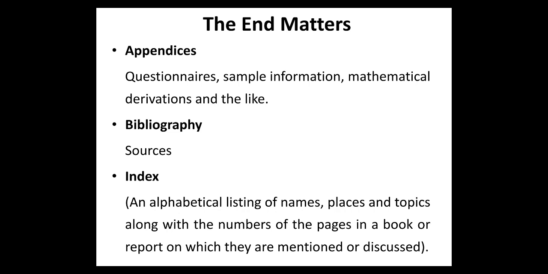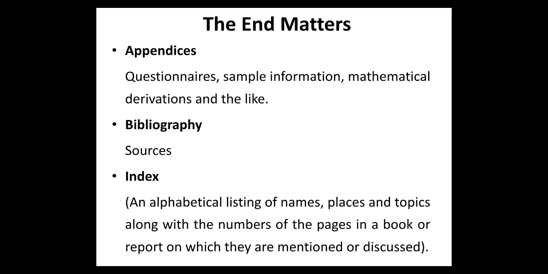See, in this end matter we again have three aspects. Appendices: if you collect primary data, the researcher normally uses a questionnaire, and you should include that questionnaire in the appendices, and maybe the sample information also.